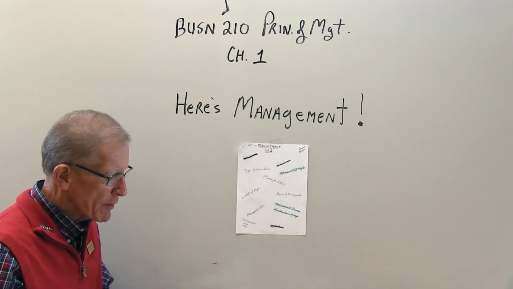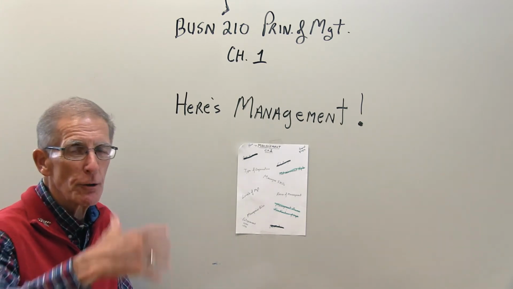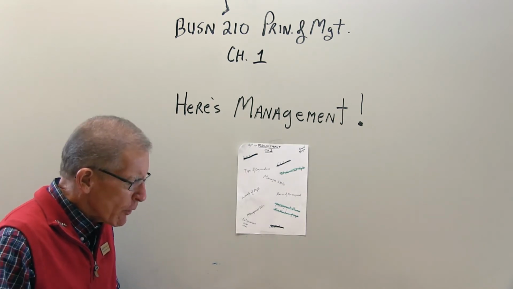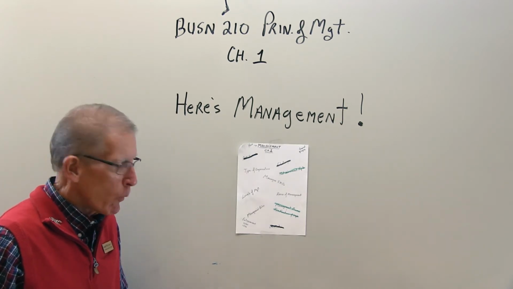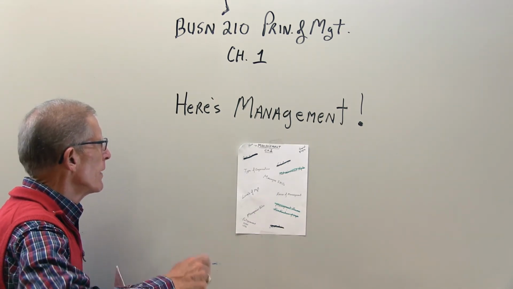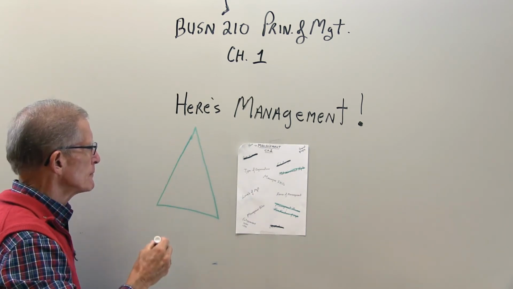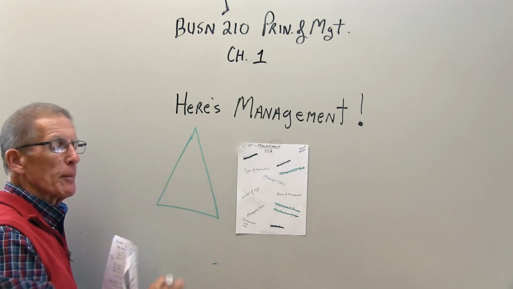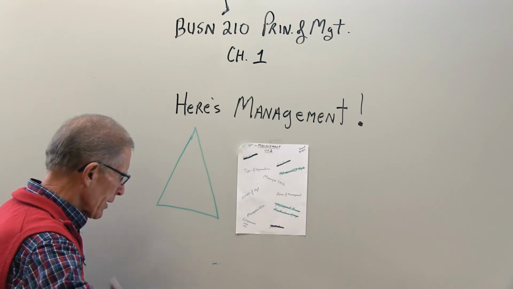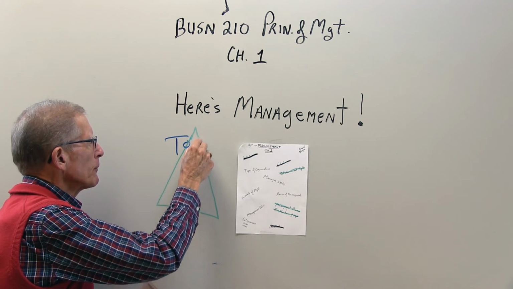Okay, I'm going to flip over to the back side of my handout for chapter 1. If you printed yours out, the next page. Levels of management. If this were an organization right here, I'm going to make it like a pyramid. What would you call this up here? I'd probably call that the top.